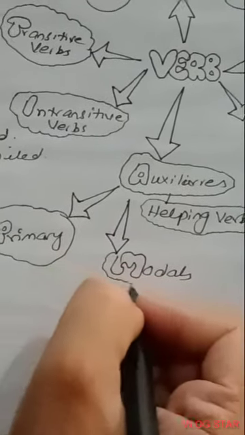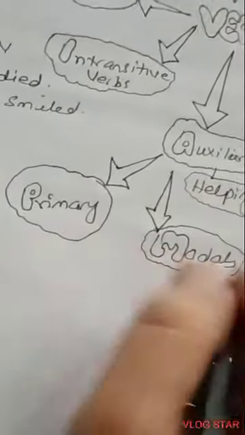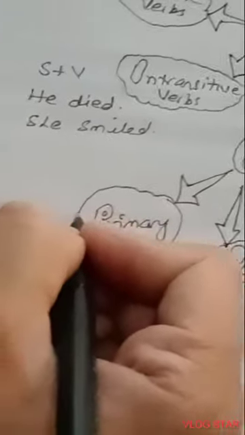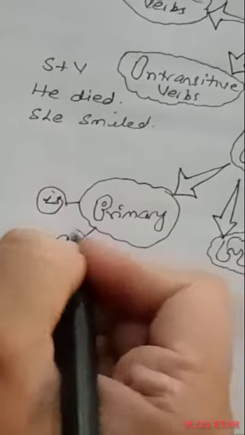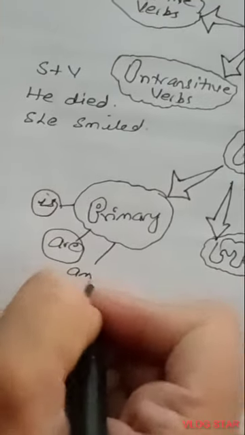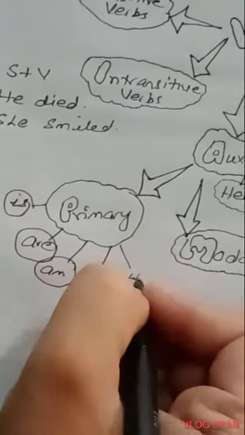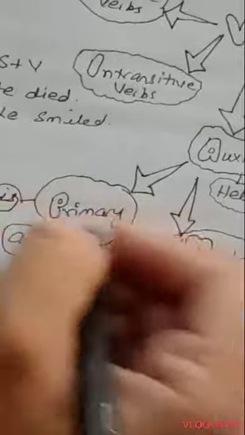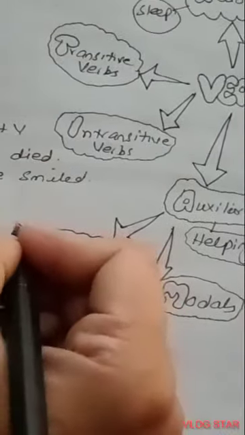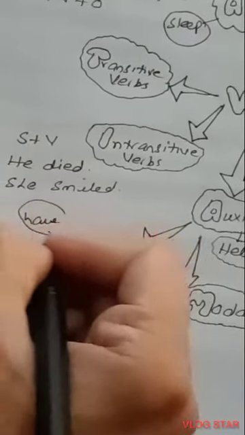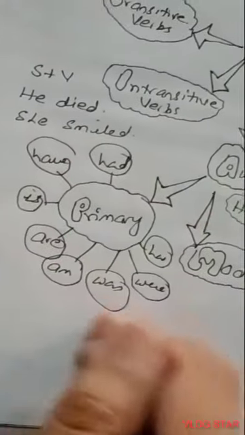The second category of helping verbs or auxiliaries will be modals. Now, what is the difference between these two? First of all, let me give you examples of primary auxiliaries. Is, are, am, was, were, has, have, had. So my dear students, these are the primary auxiliaries.